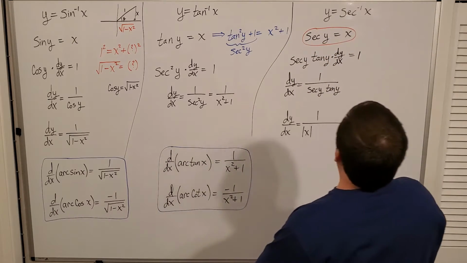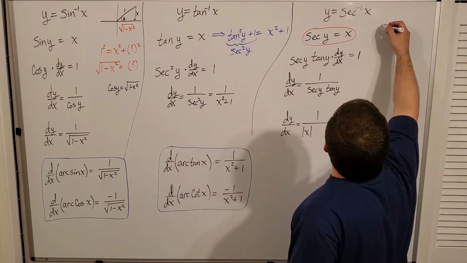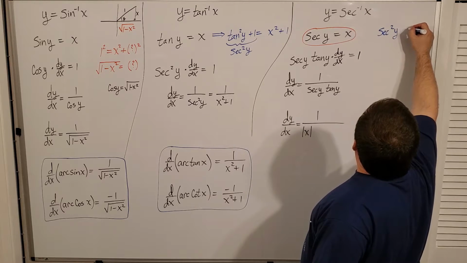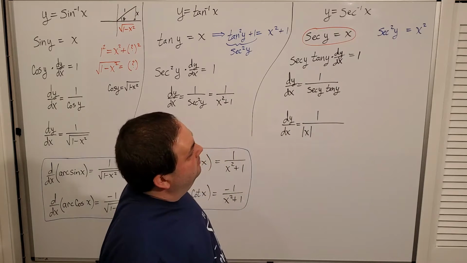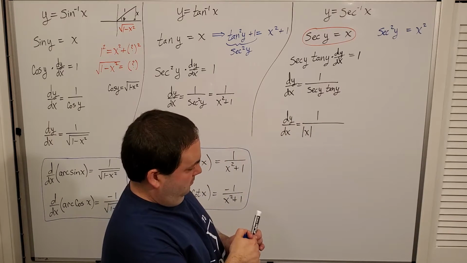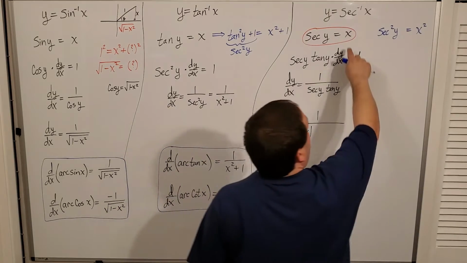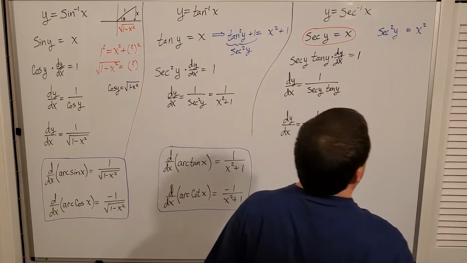And if I square both sides, so that would be secant squared y is equal to x squared. That sort of takes care of the absolute value right there anyway. If this was absolute value of x, squaring it would sort of make it all balance out anyway.